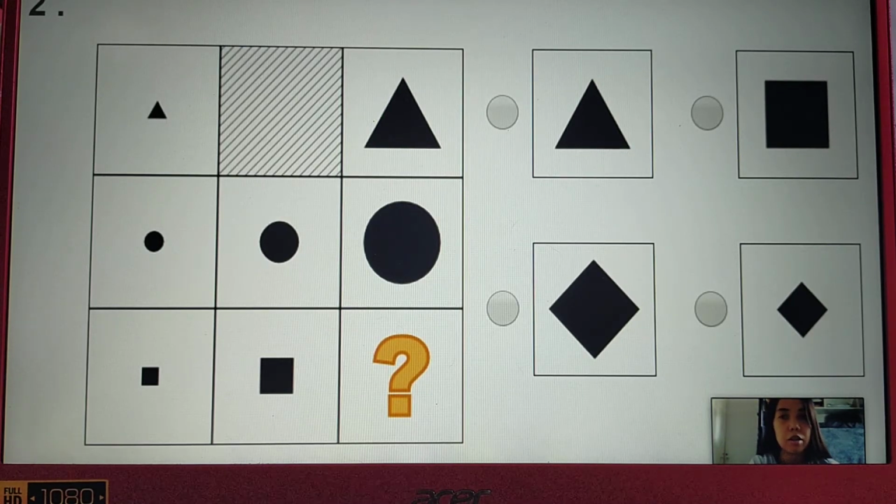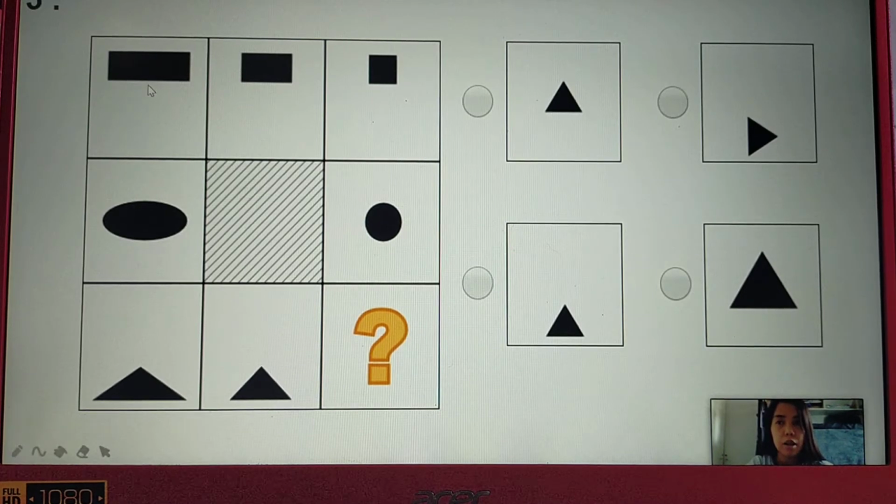Next, how about these figures? What do you think is the missing figure? Again, this is A, B, C, and D. 5, 4, 3, 2, 1.